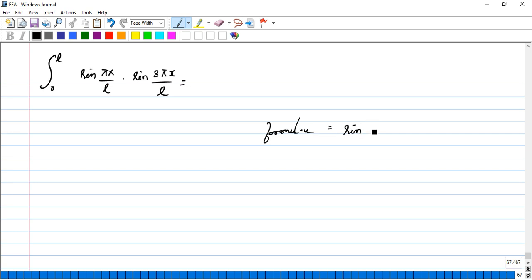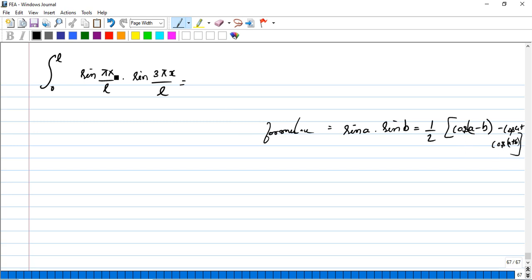Let me write it simply: sine A into sine B can be written as half into (cos A minus B minus cos A plus B). So this will be the formula.